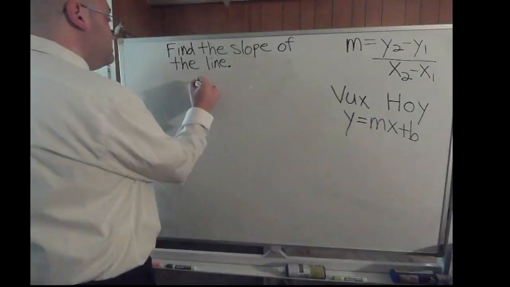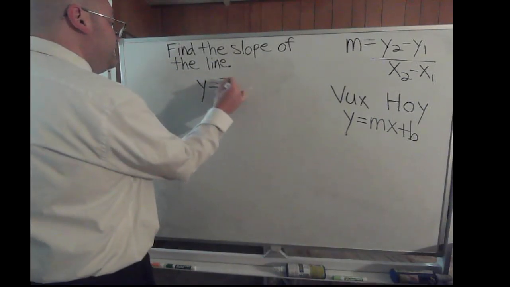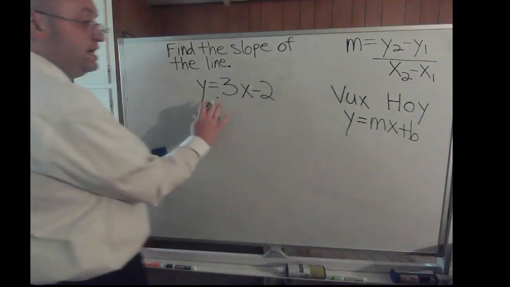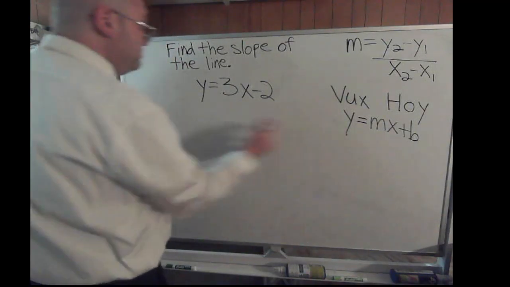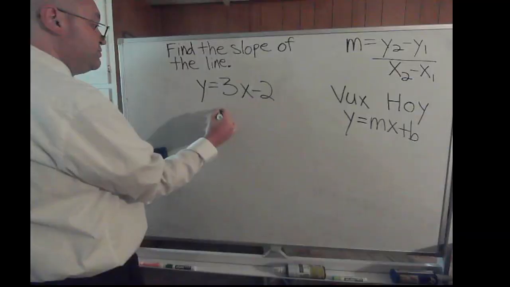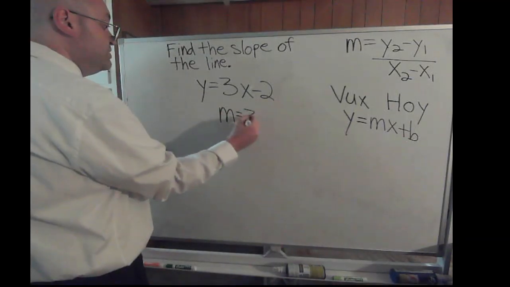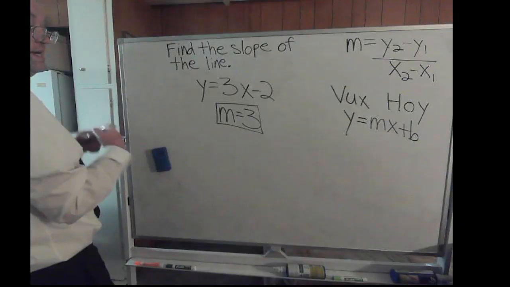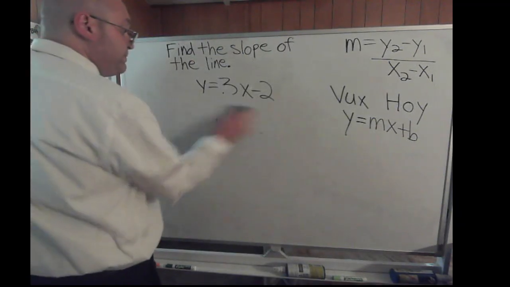Alright, how about y equals 3x minus 2? Well, it's in the form of y equals mx plus b. That coefficient on the x is 3, so therefore your slope is 3. So the line has a slope of 3.